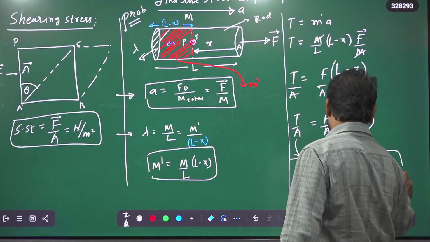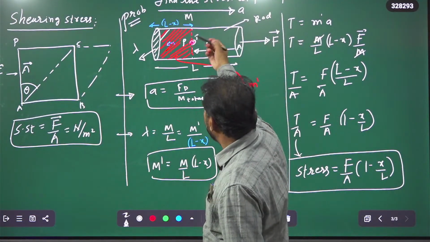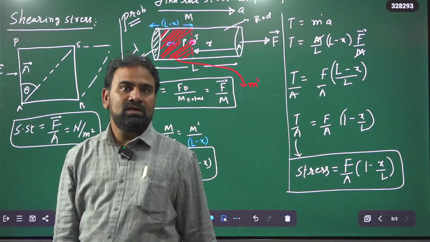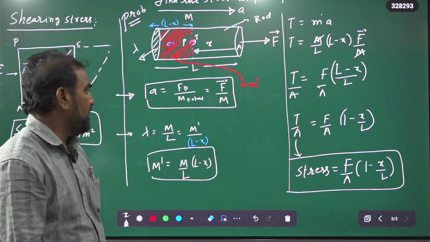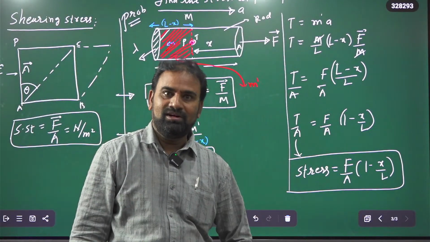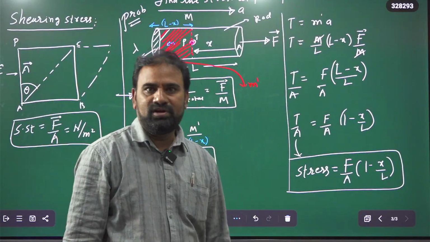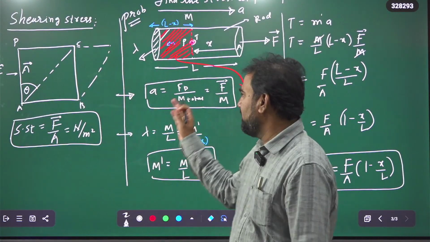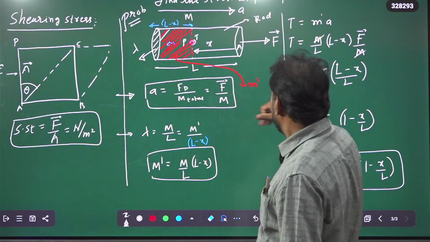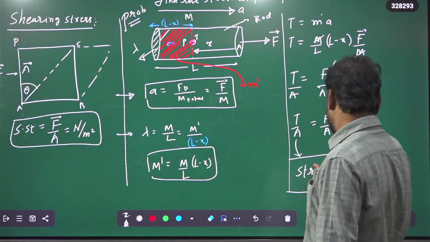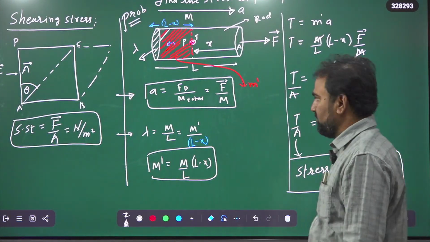The stress acting at the midpoint is given by how much? F upon A into (1 minus x upon L). Understood? All of you are following? Okay, it is very easy. We have to calculate the stress, which is F upon A into (1 minus x upon L).